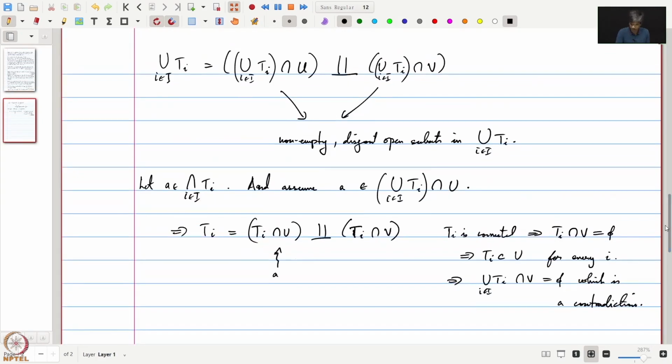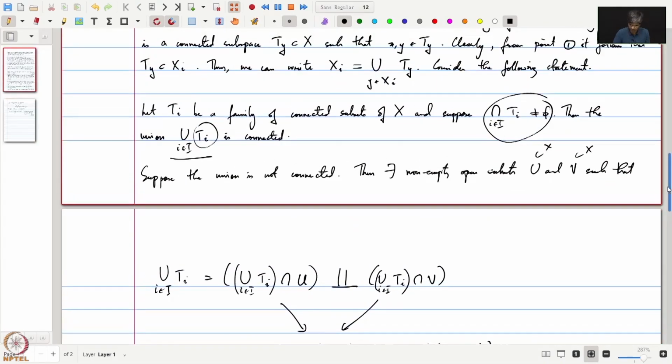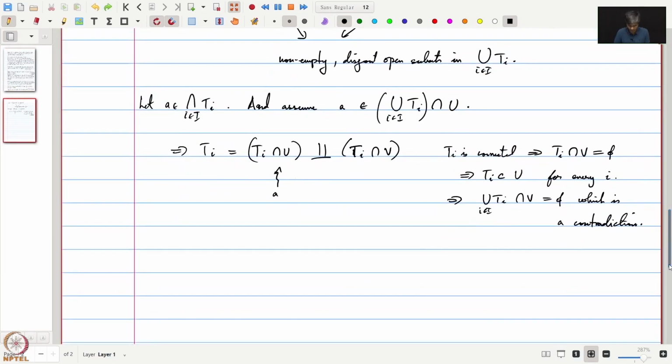So applying this to our situation, we get that Xi we have written as a union over y in Xi of T sub y. Each T sub y is connected, and the intersection of all these T sub y's at least contains x, right?